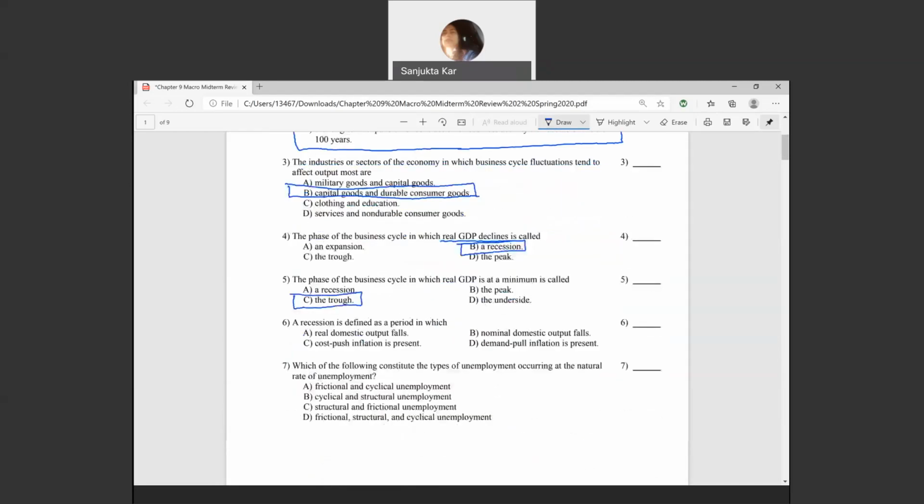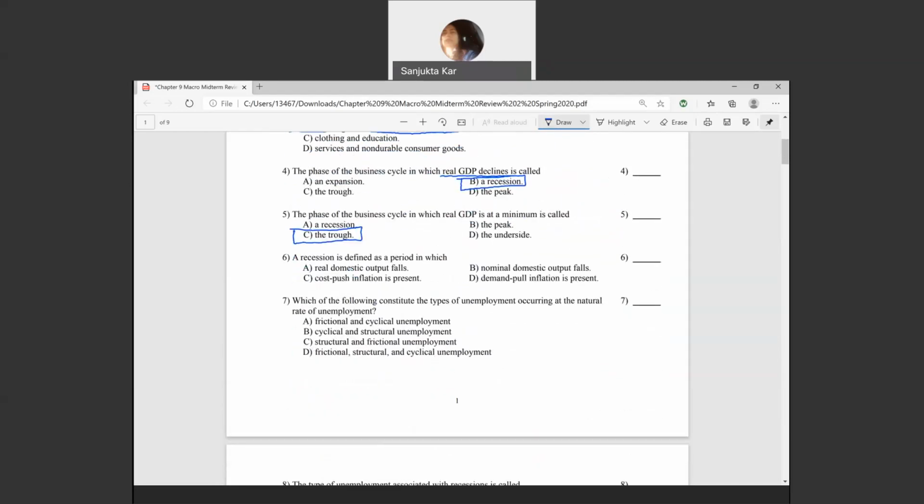Then, question six, recession is defined as a period when real domestic output goes down. Question number seven, which of the following constitute the types of unemployment occurring at the natural rate of unemployment?